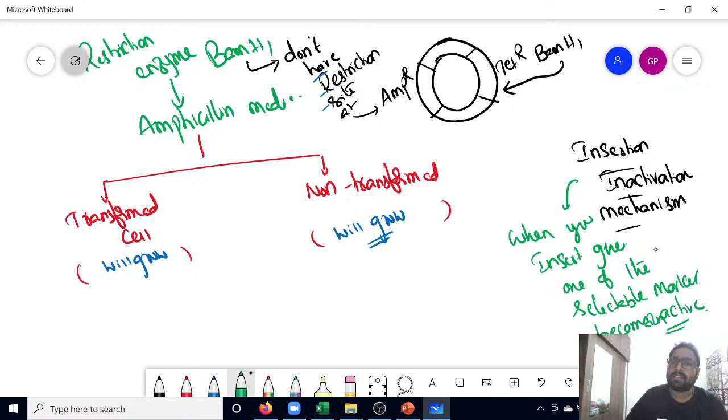So in insertional inactivation mechanism, one of the markers is going to become inactive. By using this mechanism, we are able to identify transformed and non-transformed cells. So using selectable markers only we can identify by using which mechanism? Insertional inactivation mechanism, students. Hope you all got clarity here.